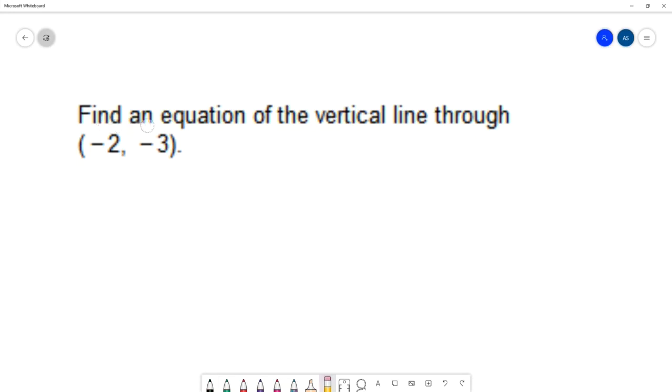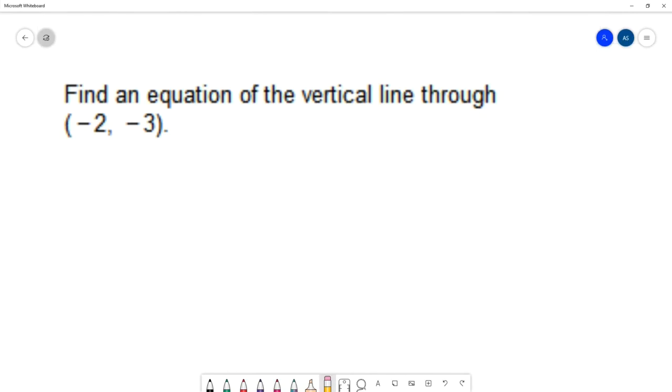For this example, we want to find the equation of a vertical line through -2, -3. Now, for this one, finding the equation of the line can be a little bit challenging because a vertical line is different from all of the other lines.